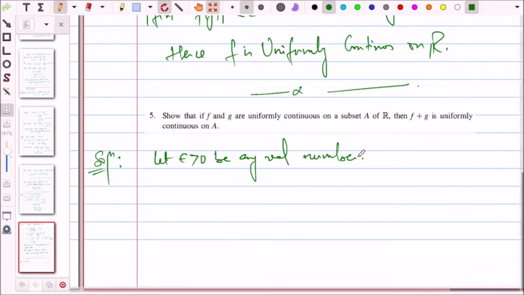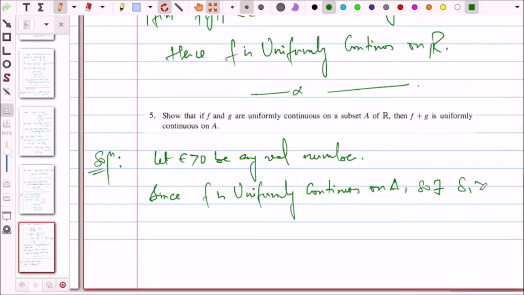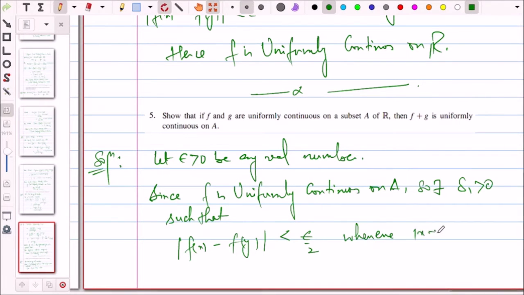real number. Now since f is uniformly continuous on A, there exists delta 1 greater than 0 such that |f(x) - f(y)| is less than epsilon by 2 whenever |x - y| is less than delta 1.